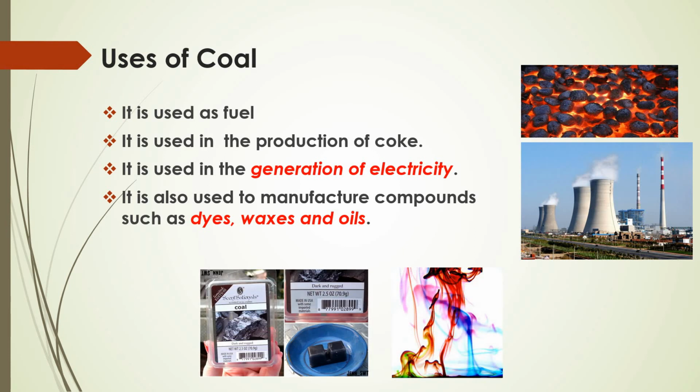These are some examples of dyes and waxes. These are even used to color our hair, to color other substances. It is also used as a thin coat to make substances waterproof, and also as dyes for different other coloring agents.